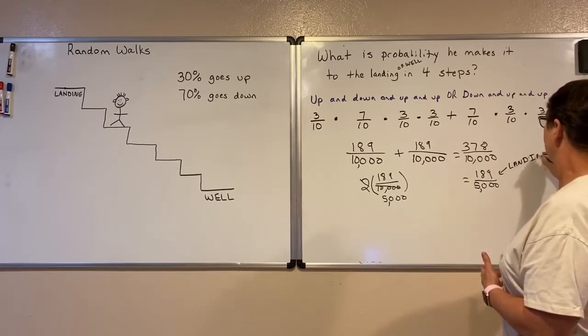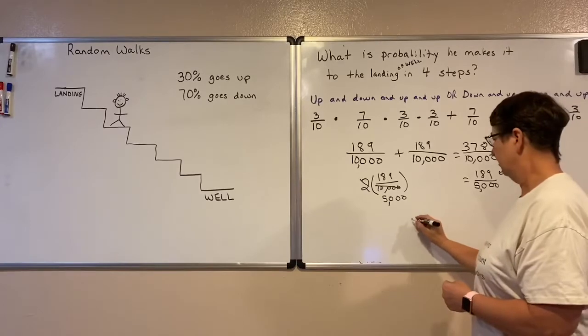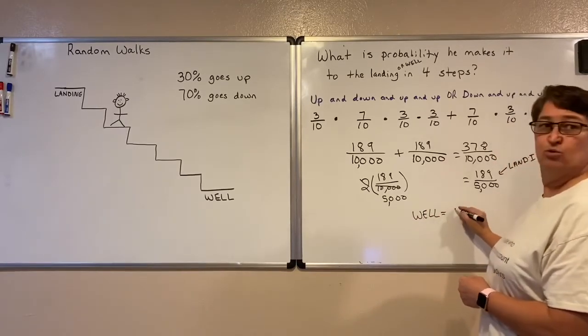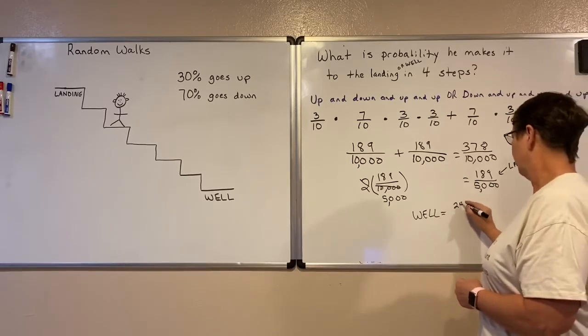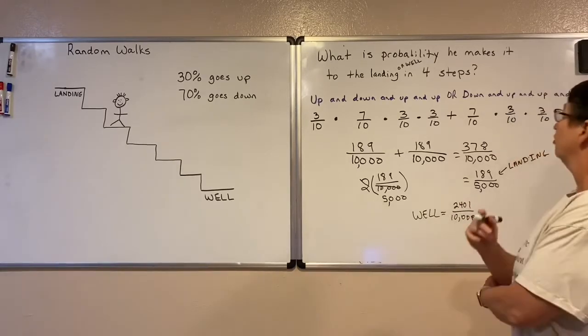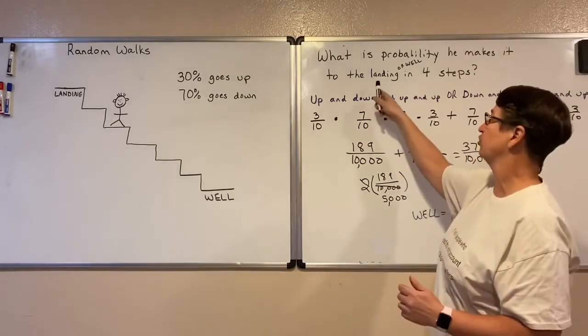And we found a second ago that the probability that he makes it to the well was equal to 2,401 over 10,000.